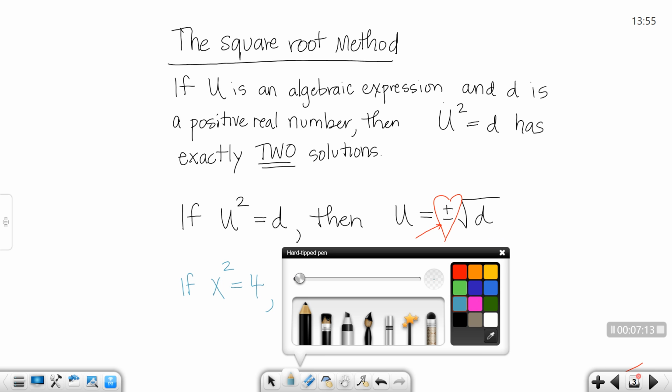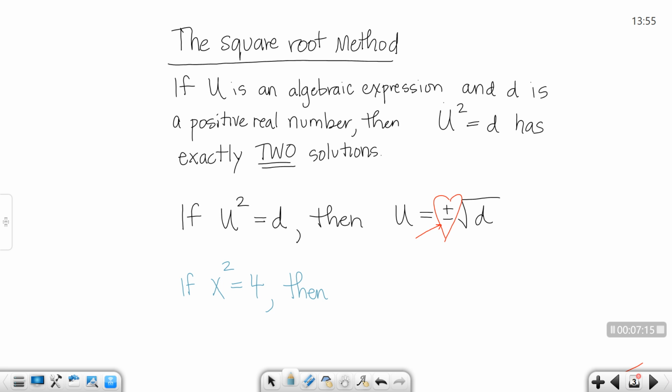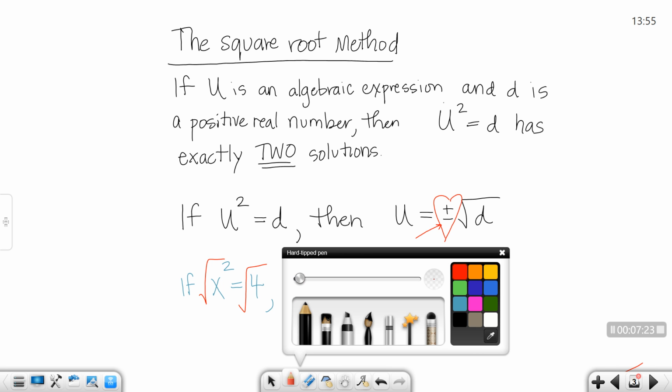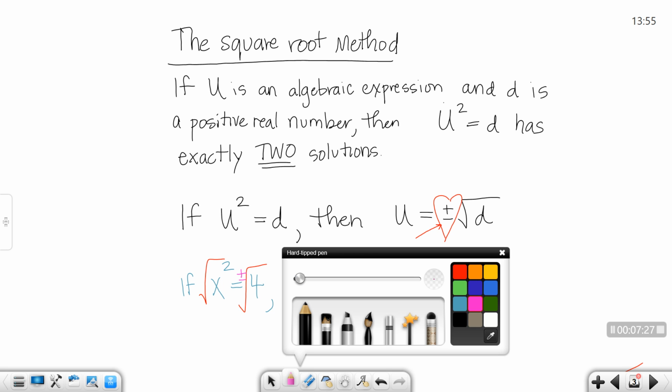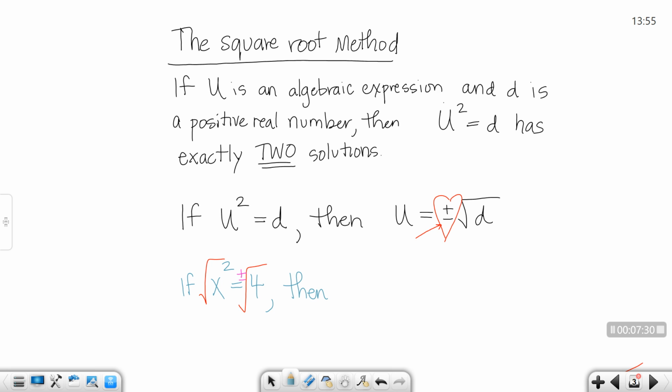Looking at this light blue example at the bottom, you would take the square root of both sides. But that's not enough. On the number side you also have to put a plus or minus. So you would have x equals plus or minus, and the square root of 4 would be 2. You would get two answers, x equals 2 and x equals negative 2, because you have to remember to put that plus or minus in there.